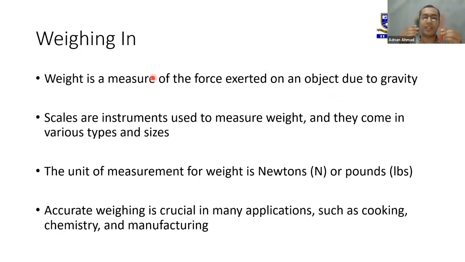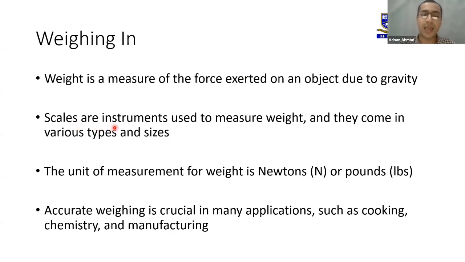So there is an attraction between these two objects. Similarly, the Earth also has gravity, and it pulls us down towards itself. So when we want to calculate how much the gravity is pulling us down, that is weight.